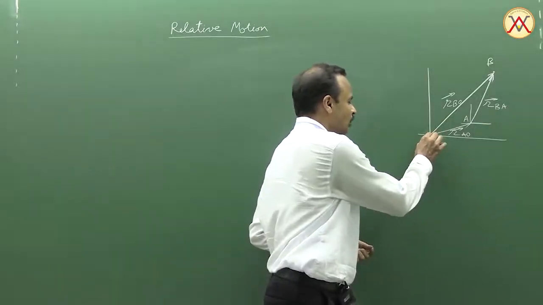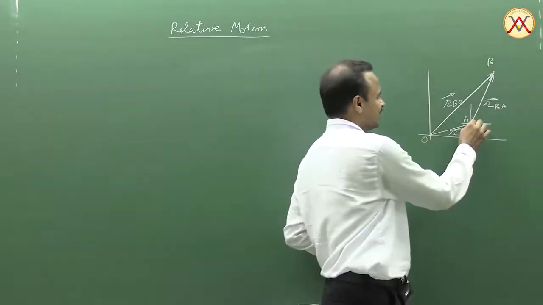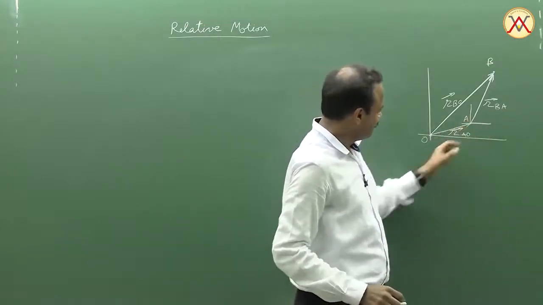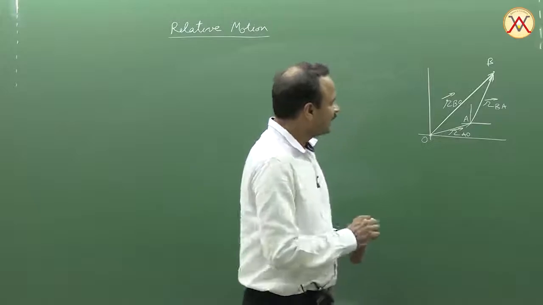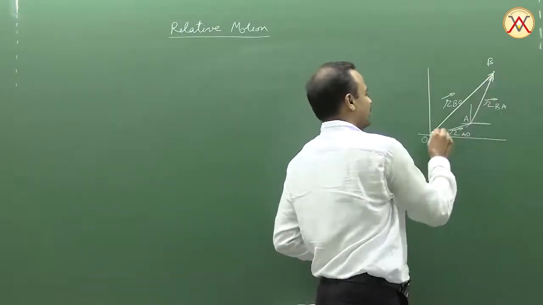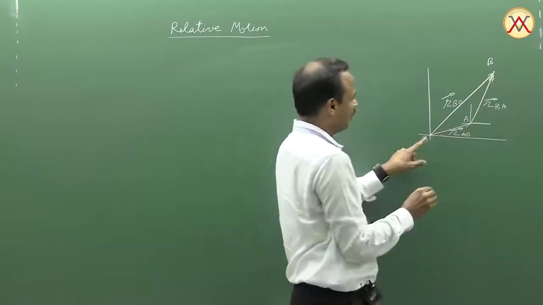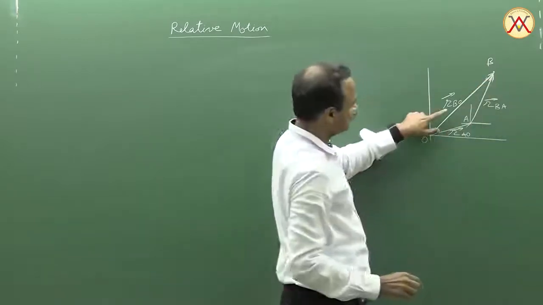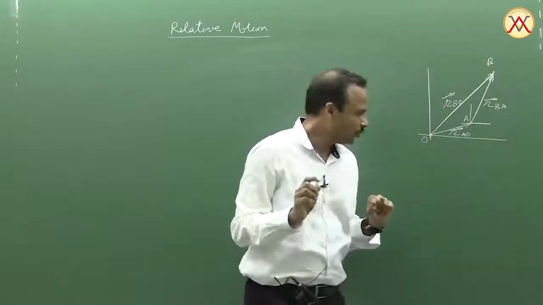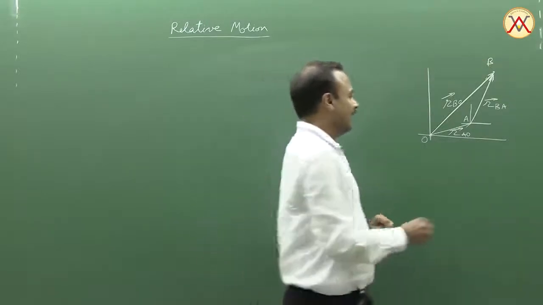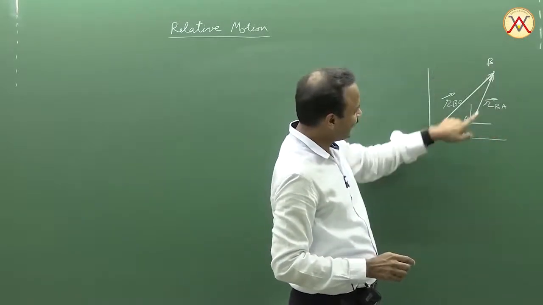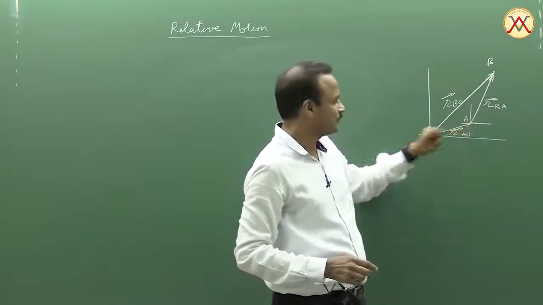One is the O frame of reference, the other one is A. Now A itself may be moving with respect to O. First, I have marked the position vectors of point B as seen by O. So this is the position vector RBO, the position vector of B with respect to O, or relative to O, and this is RBA, the position vector of B as seen by the observer A.